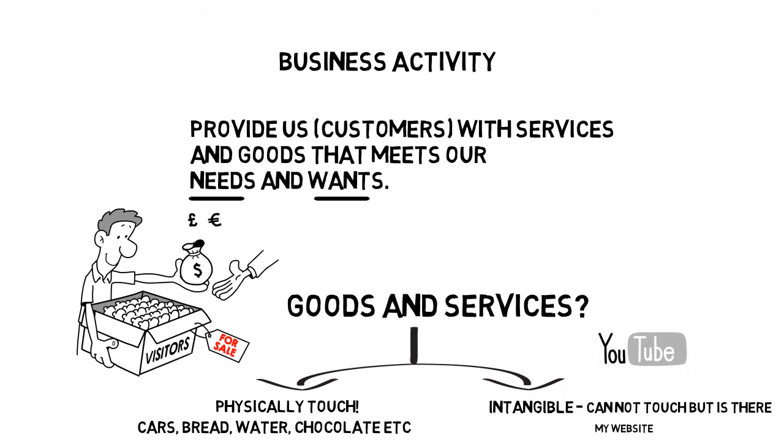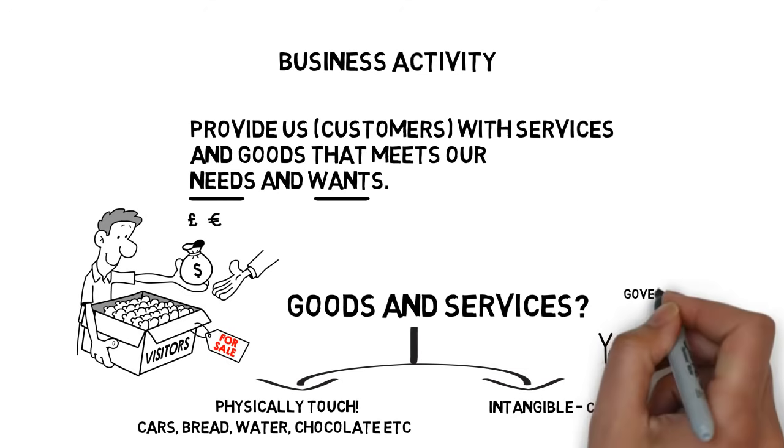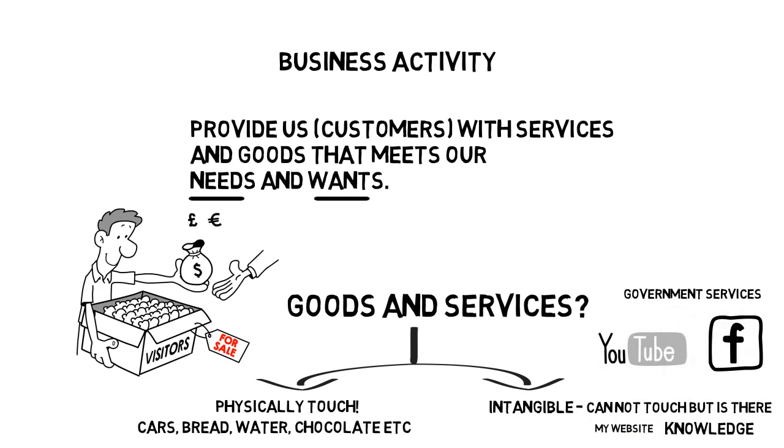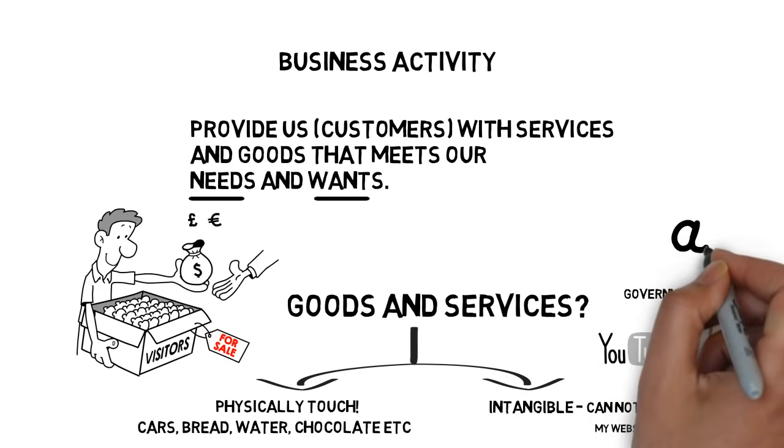You can visit to learn business, but you cannot physically obtain anything from it. It's a service. Knowledge is a service, so you might charge someone for sharing an idea with them. Facebook is a service. It is used to connect two different parties to communicate. Government services, internet is a service.